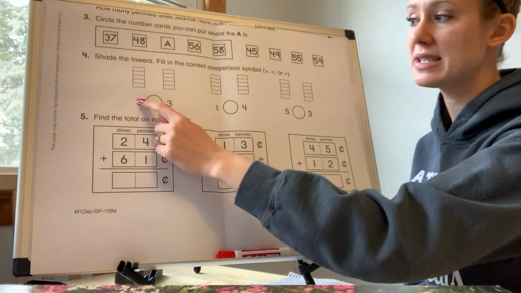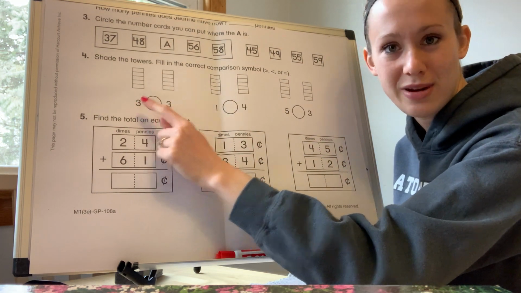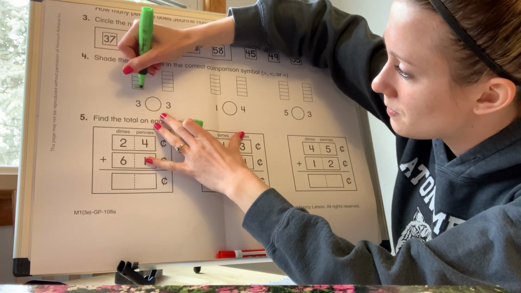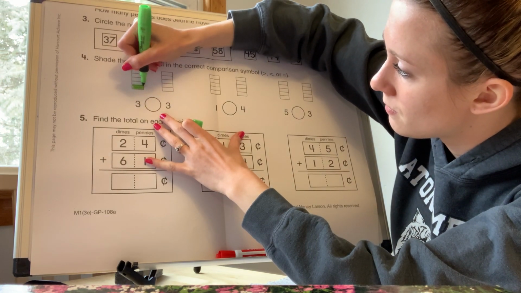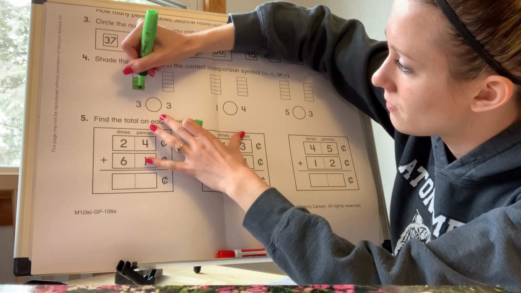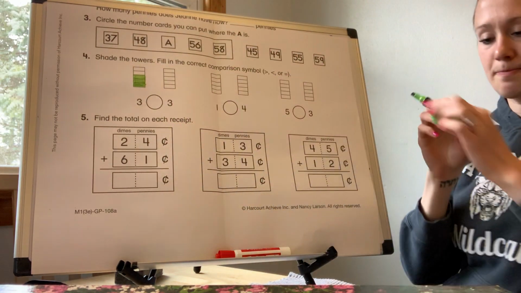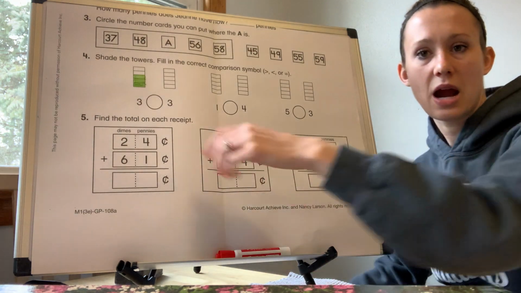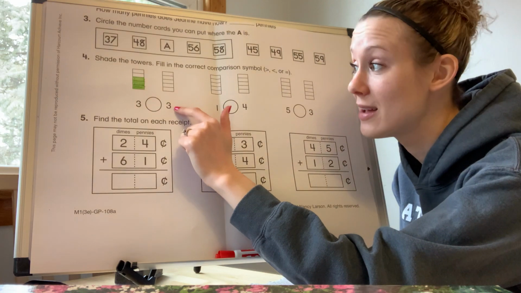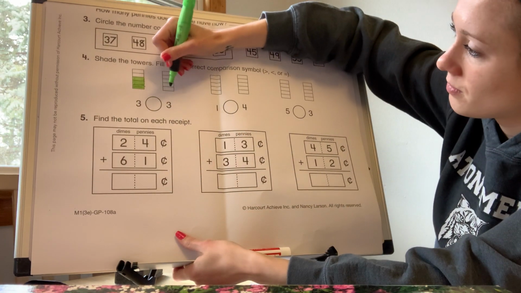So we need to color 3. Color 3. Go. Okay. How many are we going to color on the right? It says 3. So we're going to color 3 again on the right.